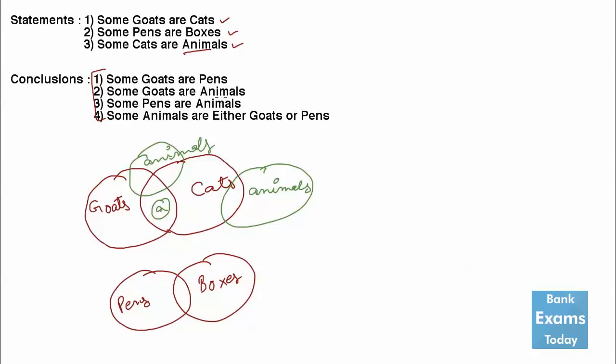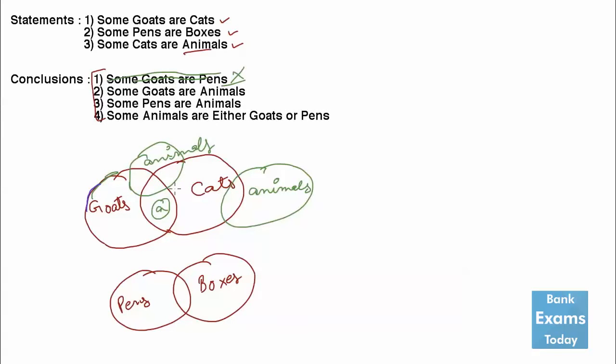Now let's move on to the conclusions. Some goats are pens. There is no relation between the goats and pens, so this is false. Got it. Some goats are animals. If we look at these two circles, the goat circle and this animal circle, then we will find that this conclusion is following.